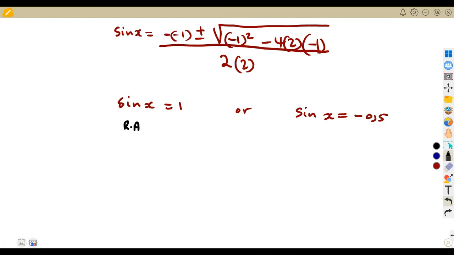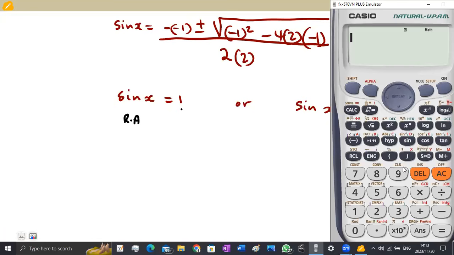Remember, the reference angle is arc sine, arc cos or arc tan of whatever you have. Here we are dealing with sine, so it is going to be arc sine of 1. On your calculator, that is shift sine 1.